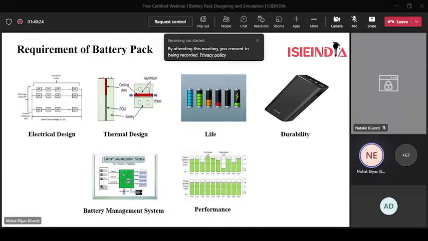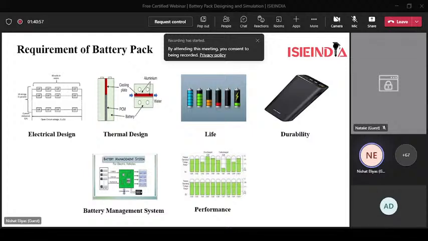Like if a single cell is heating and it makes the other cells heat, due to this heating there is more production of heat. This is the thermal runaway. So to prevent such things, it must be designed with a proper thermal design, so it prevents the accumulation of heat inside the battery pack.